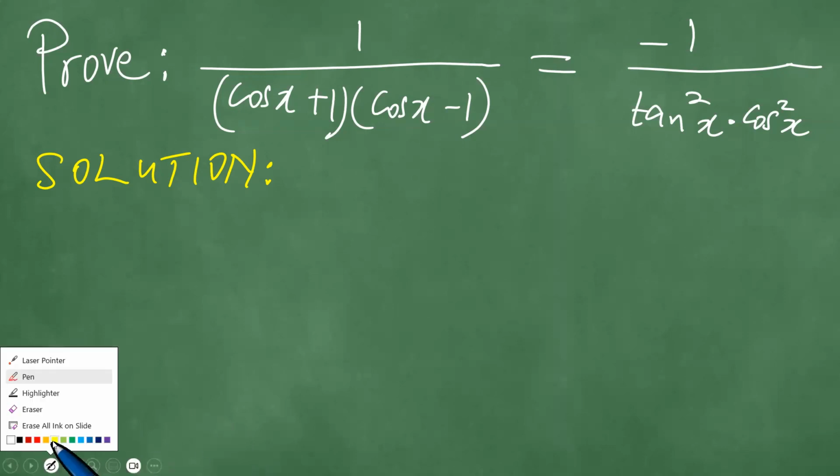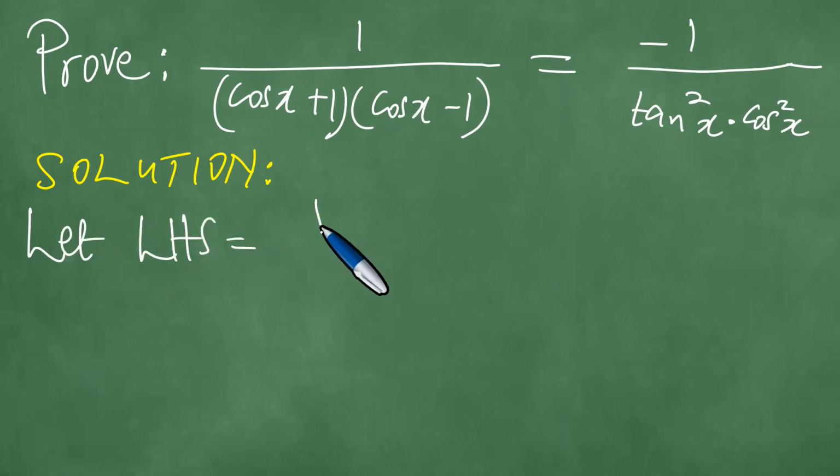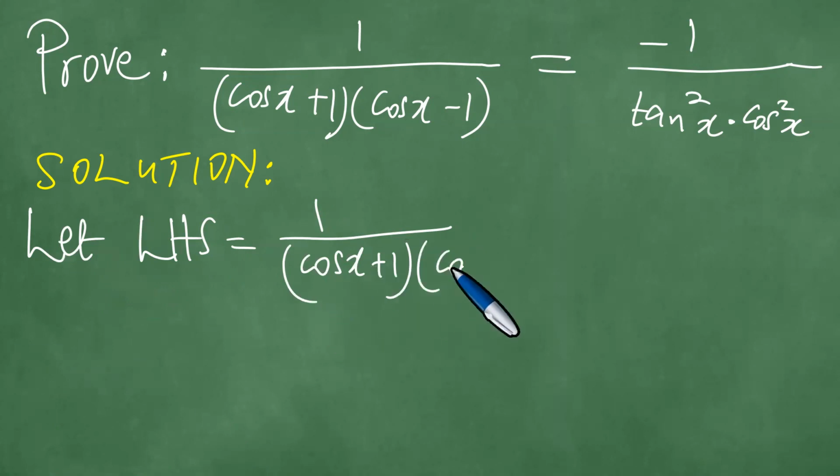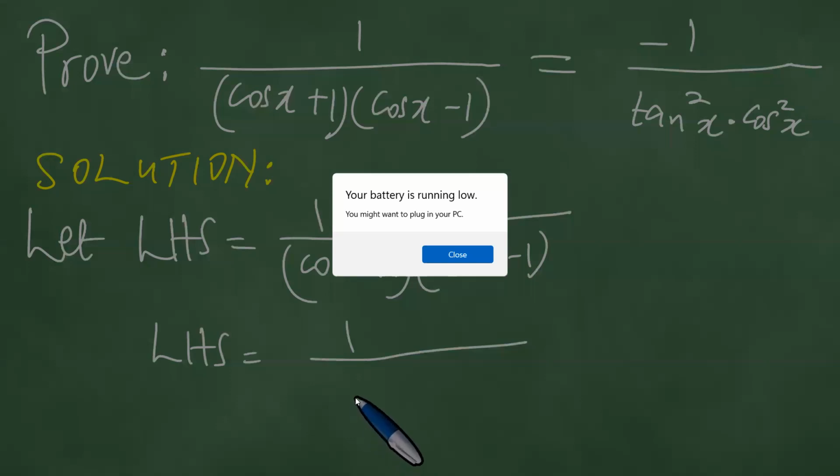Let us take the left-hand side: 1 divided by cosine x plus 1 into cosine x minus 1. If you open up the brackets, this is like a difference of two squares.